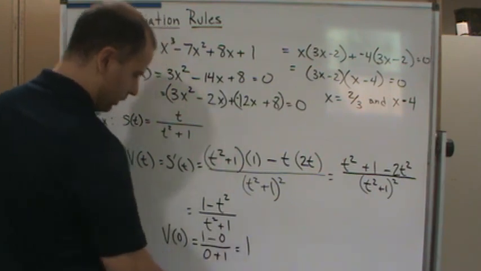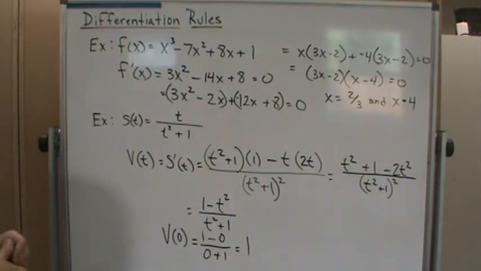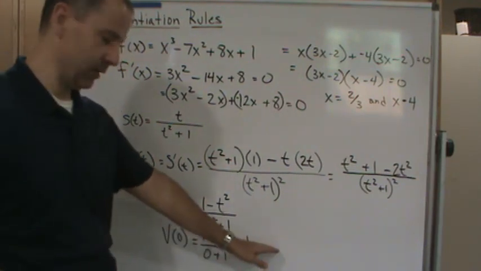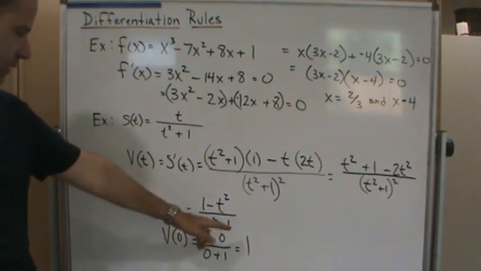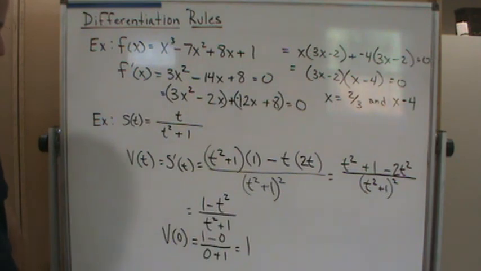And so we get an initial velocity of 1. Now they don't give us the units, but we know that this is going to be in distance over time.